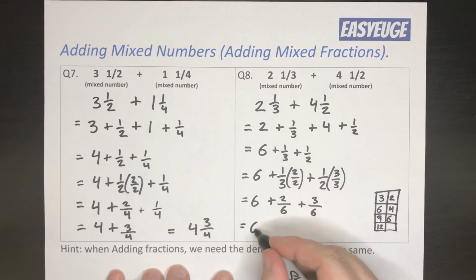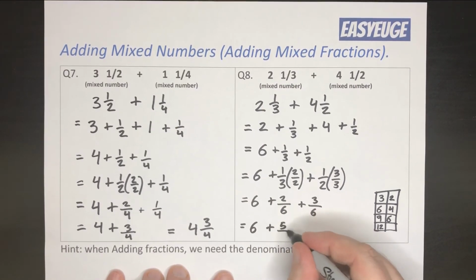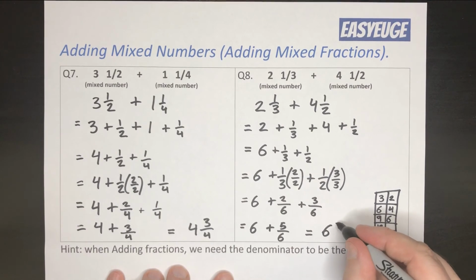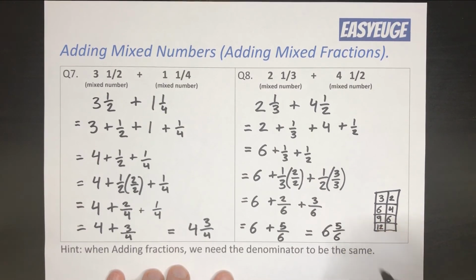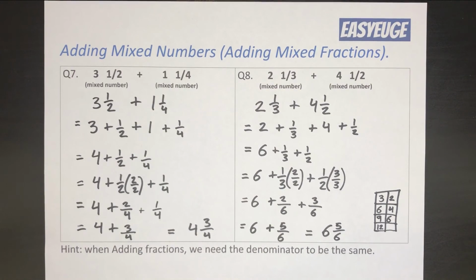And that equals 6 plus 2 and 3 is 5 over 6. And then the answer can be rewritten very simply as 6 and 5/6. And that is how to add mixed numbers with unlike denominators in their fractions.